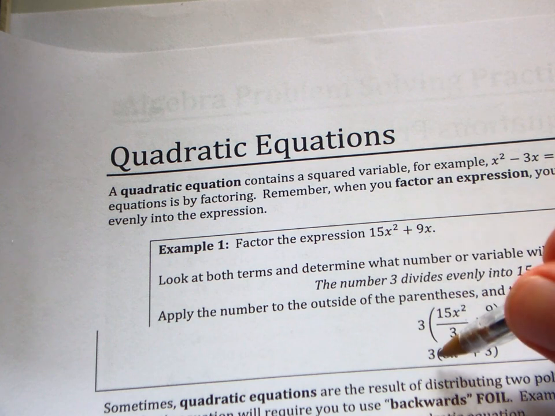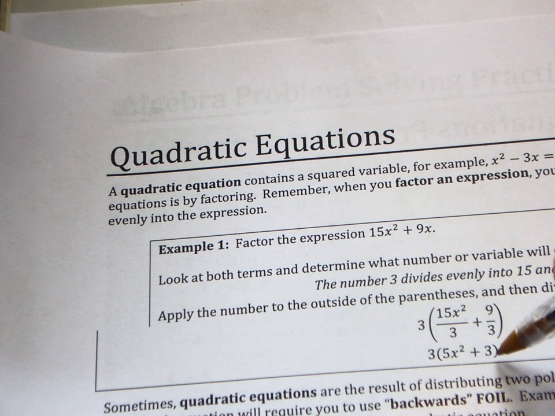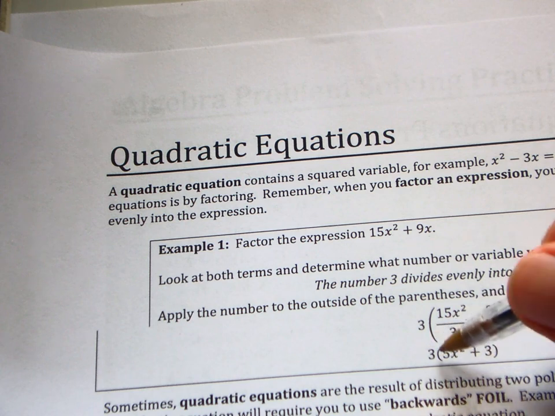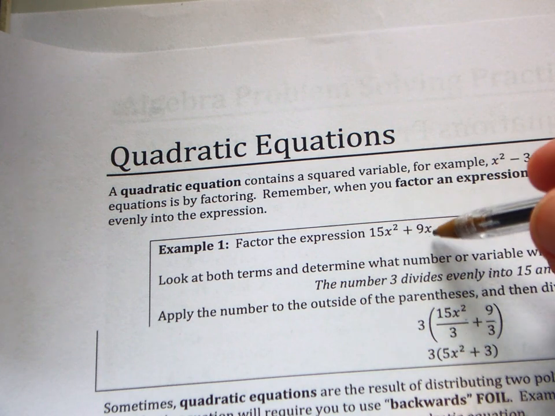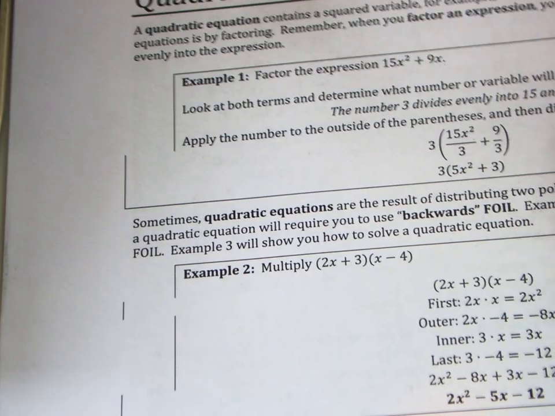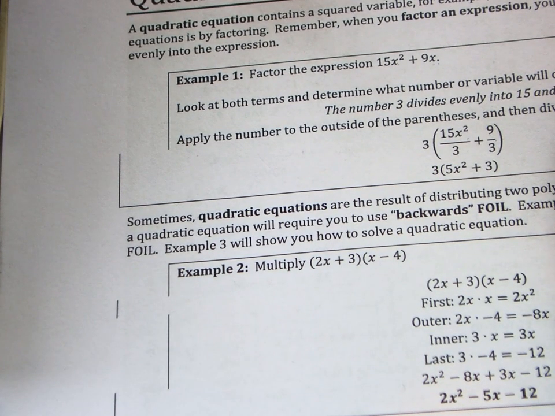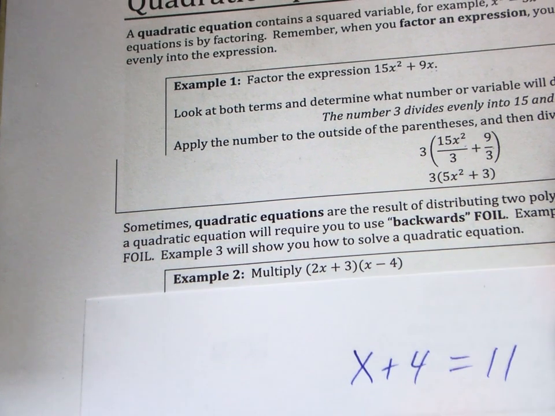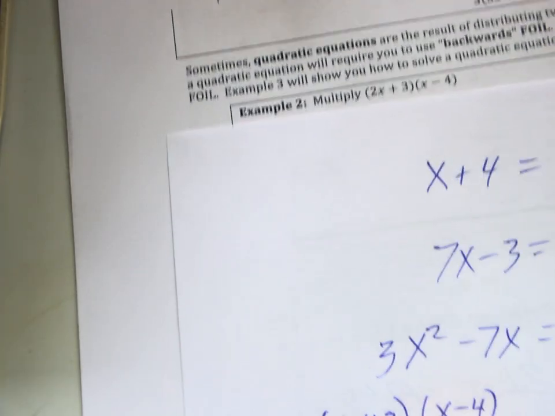It should be 3x times this, but they didn't see the x there. If you do this, it'll come out to 15x squared plus 9, not plus 9x. So this is a mistake here. Anyway, you got to be careful. Sometimes they make mistakes. Okay, so we're going to try to multiply this out and see if we come up with the same answer as them.